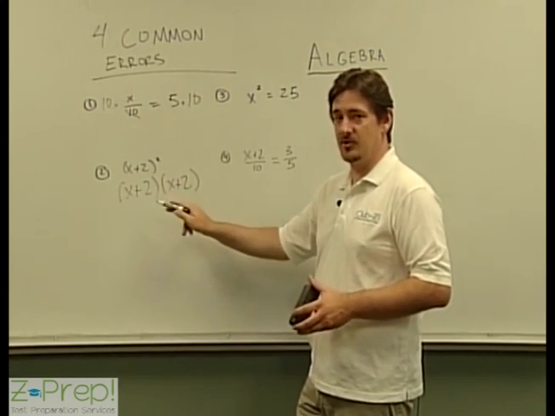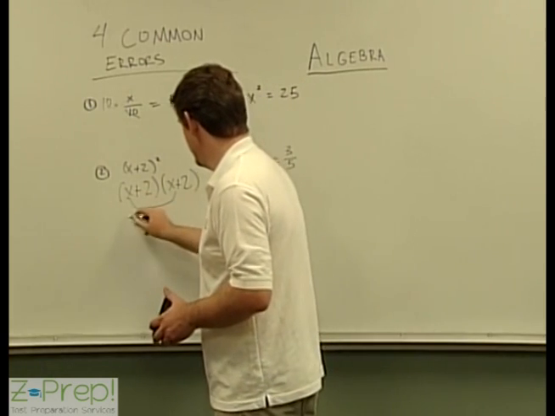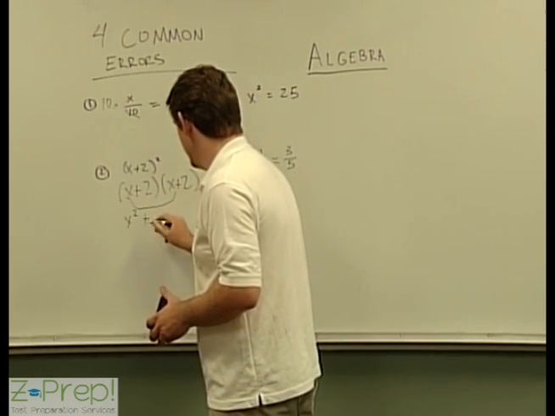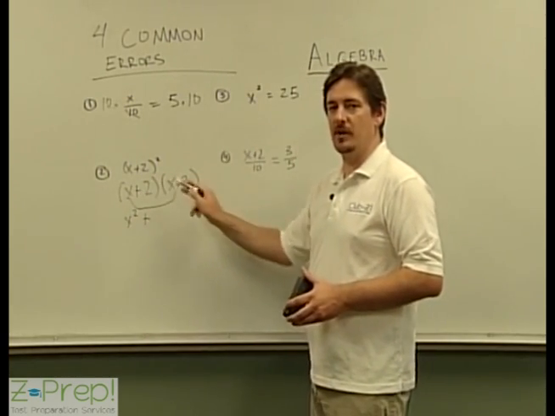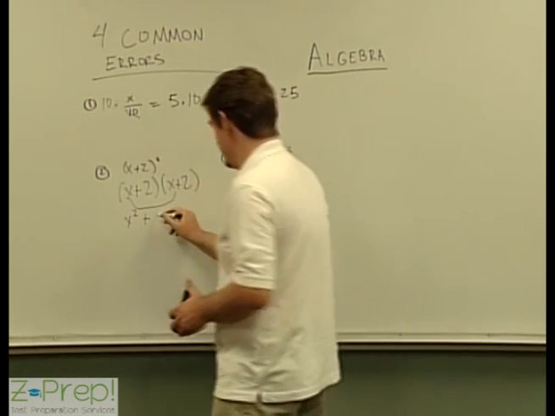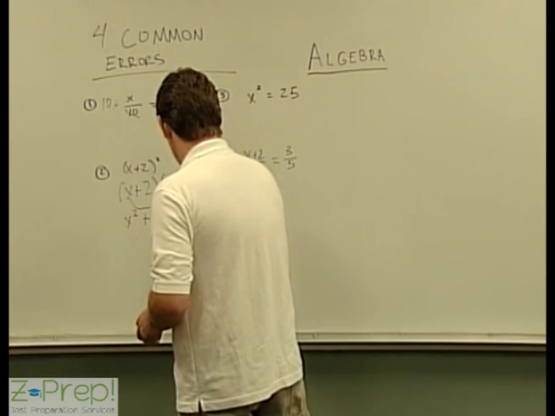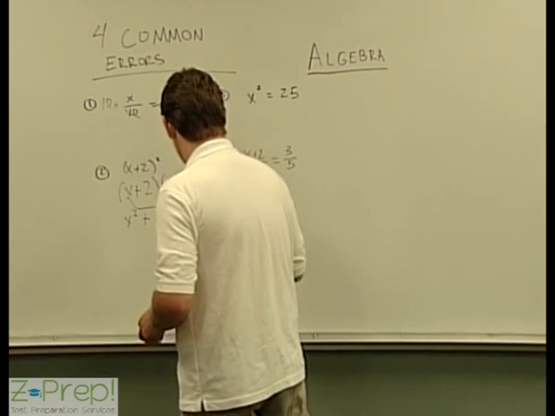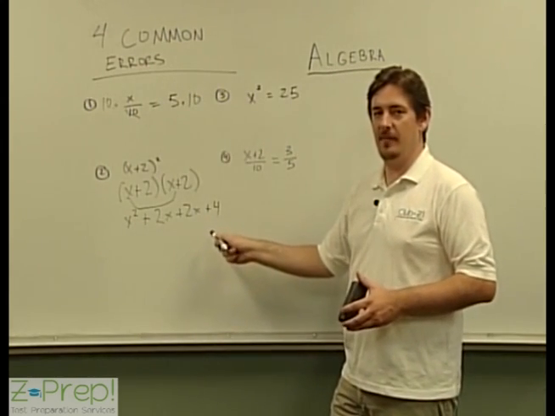There will indeed be an x squared, but there will also be two middle 2x terms. So don't forget about the middle terms.